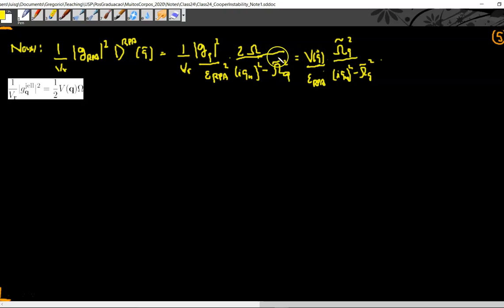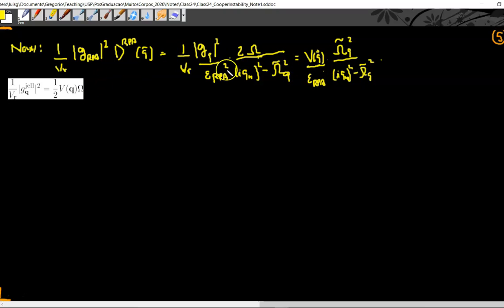That's a renormalized plasma frequency, which is acoustic, as we saw. And notice there's now going to be one of these epsilon RPAs that will renormalize this, and the other is going to renormalize my Coulomb potential that comes from here, right? 1 over VR GQ equals 1/2 VQ epsilon RPA.